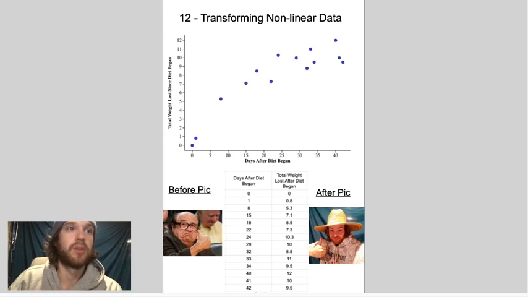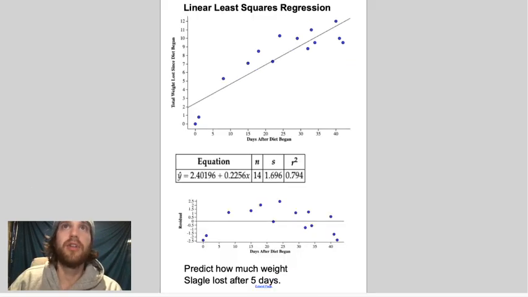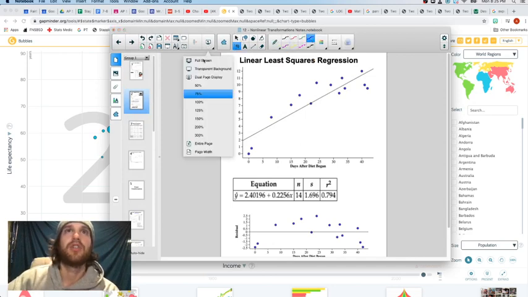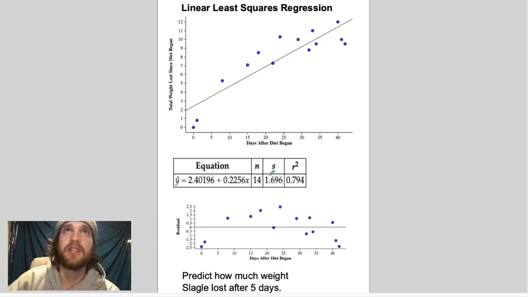Okay, so let's go ahead and take a look. If we're looking at this data and we fit a line of best fit to this, the line of best fit that works for this data is as follows. I have used the website Scatterplots to create this line of best fit. This is the linear least squares regression line, or least squares regression line for short.